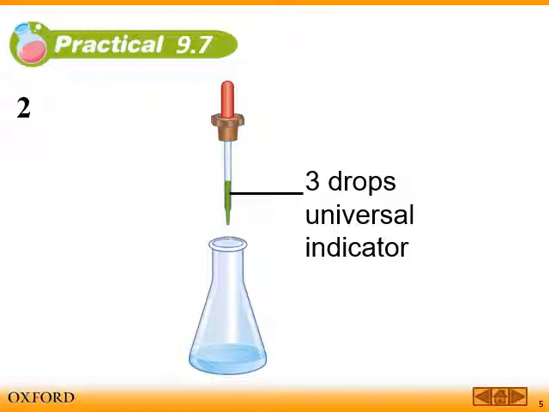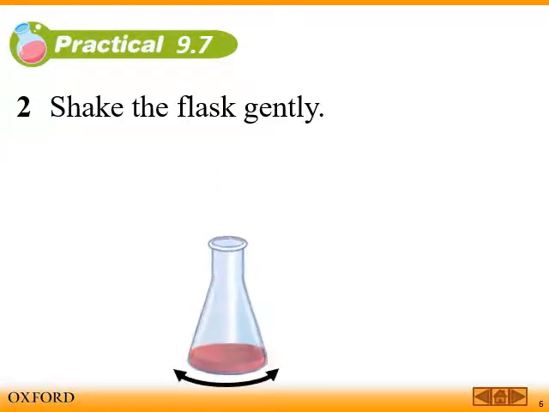So we add 3 drops of universal indicator. Before looking at the answer, guess what is the color change? Shake the flask gently. As you can see, the color changes to red.